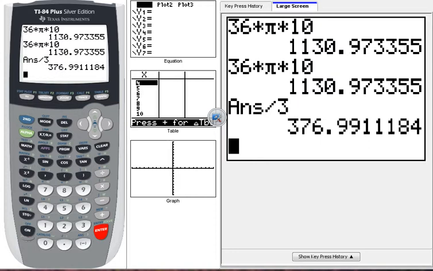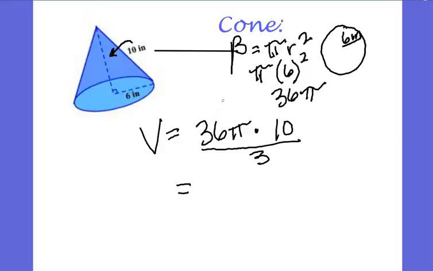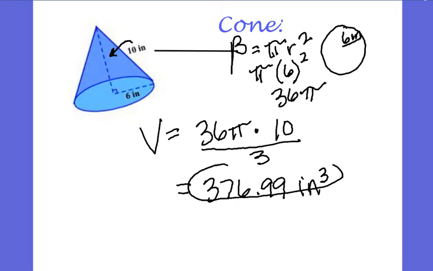If I round to the nearest hundredth this time, I would get 376.99. And I'm talking cubic units for volume, so I have cubic inches. Here's my approximated volume.